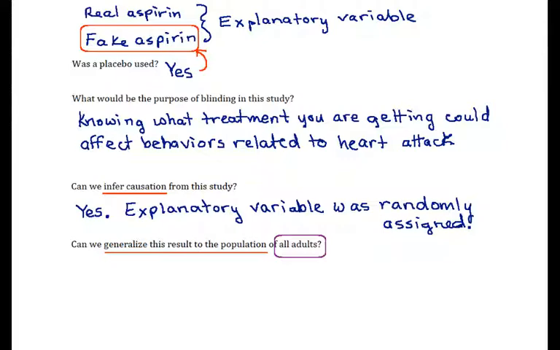This was a pretty large study. We definitely can't consider these male physicians to be representative of the population of all adults, and they definitely were not randomly selected from the population of all adults, so we would have to answer no to this. The subjects, the male physicians, were not randomly selected from the population of all adults.